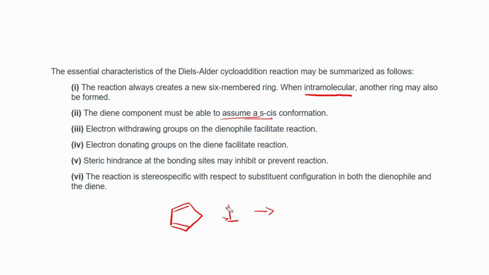Now, electron withdrawing groups on the dienophile will make that reaction happen faster. What's an electron withdrawing group? Something that has electronegativity to it. It pulls the electrons away from that dienophile. An electron donating group on the diene will facilitate a reaction.